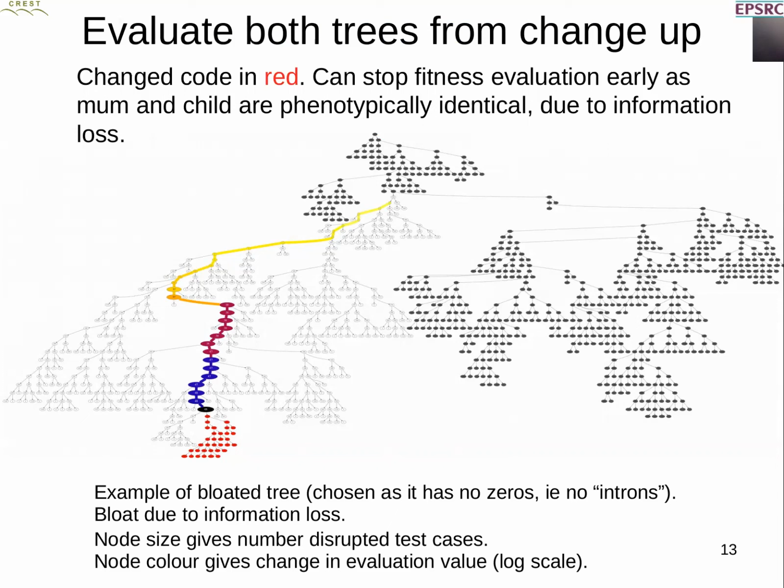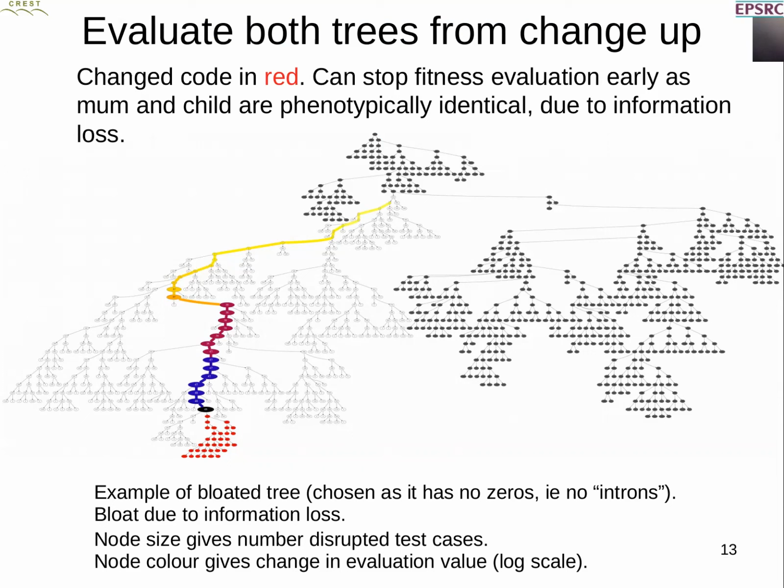So we start off with every test case being different and being quite a lot different. But as we move further and further up the chain towards the root node, the number of test cases progressively falls. And also in this example, the size of the difference between the parent and the child gets progressively smaller as well.